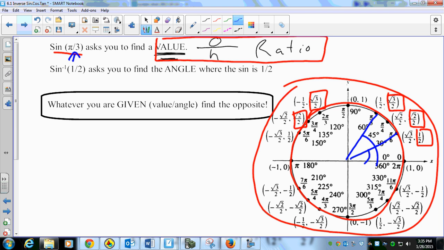Okay? Inverses, they are now giving you the ratio, and they're saying, can you find the angle?